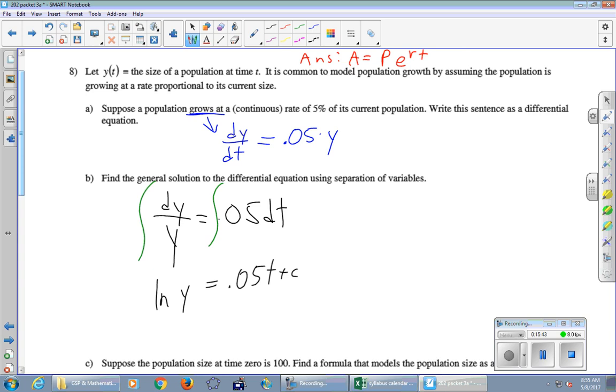We just have to remember the definition of ln. Remember that means the implied base down here is e. And you guys remember the definition, like some kind of arrow thing, like this to the this equals this. Remember that? So let's write that over here. E to the 0.05 t plus c equals y.